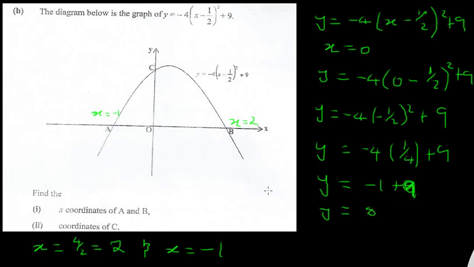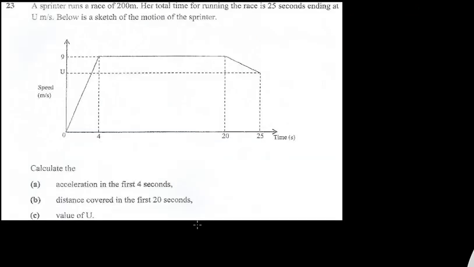And once we work that out, we would have 8. But the question is asking us for the coordinates of C, so the coordinates of C would therefore be (0, 8). And that is how we work around question number 22b. Let's move on to the last question, and we will call it a wrap with this paper.